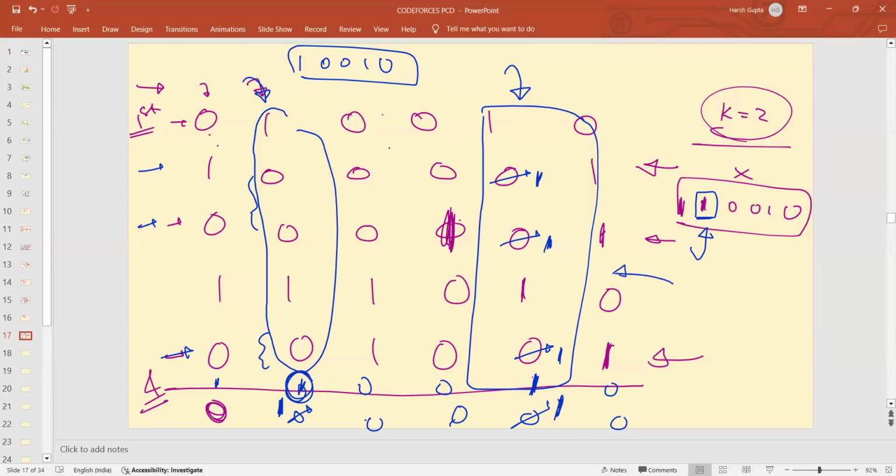Similarly, for this particular bit position, the value of x was 1. And this was the configuration for the numbers 1, 0, 0, 1, 0. The configuration was the same. And if this is so, accidentally this bit will also get turned on, where intentionally we try to turn this particular bit on. So if you are doing XOR of these three numbers with x, accidentally this particular bit position will also become 1 in the final AND operation.